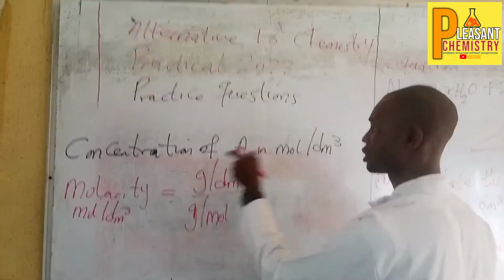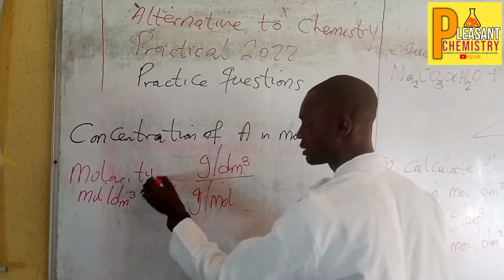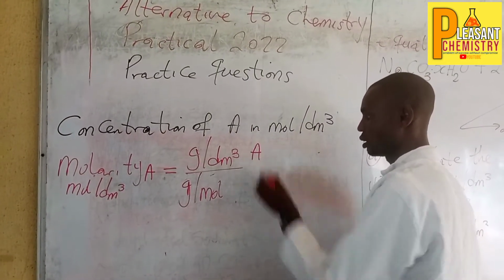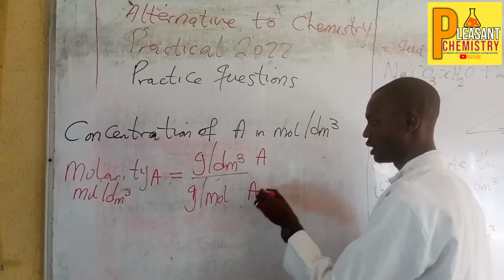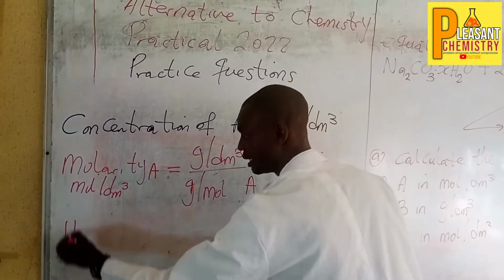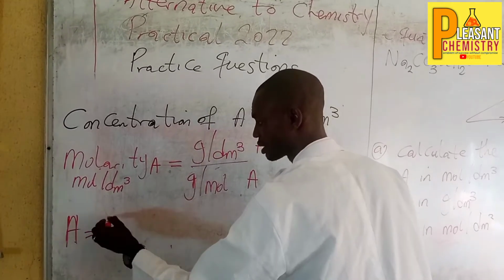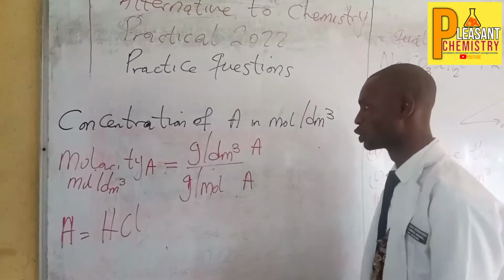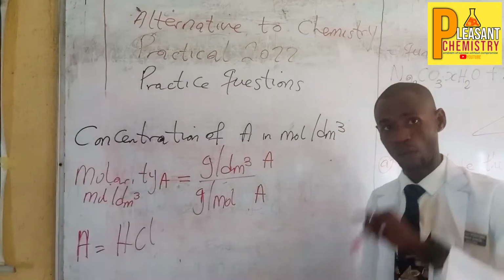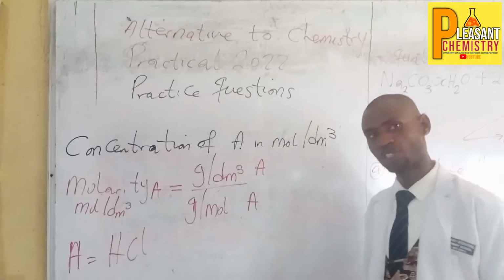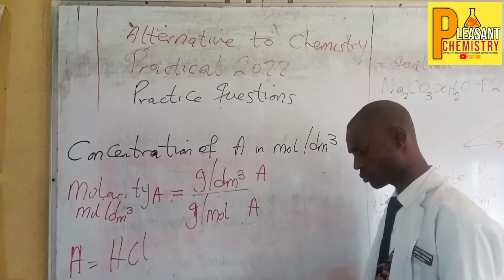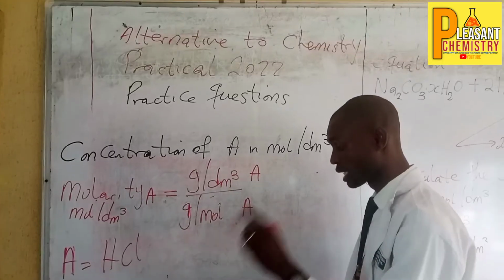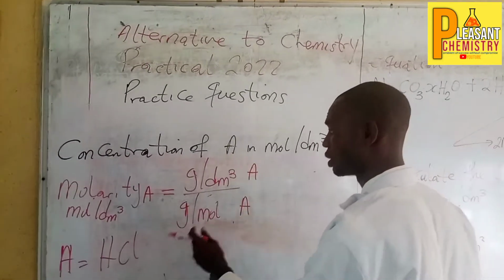Now here, since we are calculating for acid, which is A, molarity of A is equal to gram per dm cube of A over gram per mole of A. And remember that our A is hydrochloric acid. From the information provided, we were given 2.52 gram per dm cube of acid.